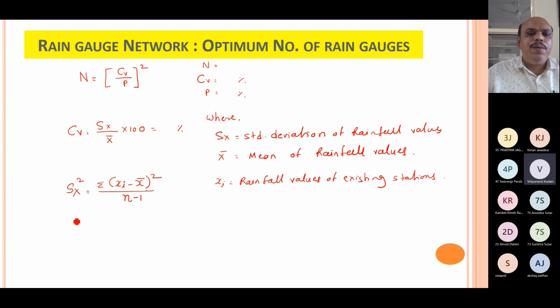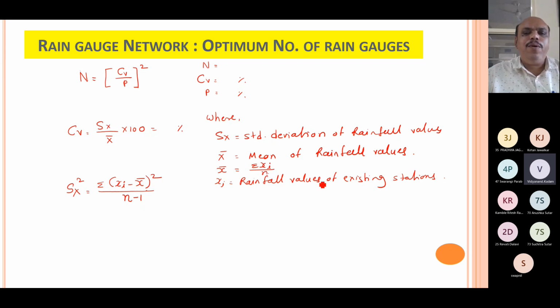stations. Okay, so from this formula we get Sx square, and from Sx square we have to calculate Sx, and we have to put this value here. Before that we have to calculate x bar. How do we calculate x bar? What is x bar? It is the mean of rainfall values. X bar is equal to summation of xi upon n.